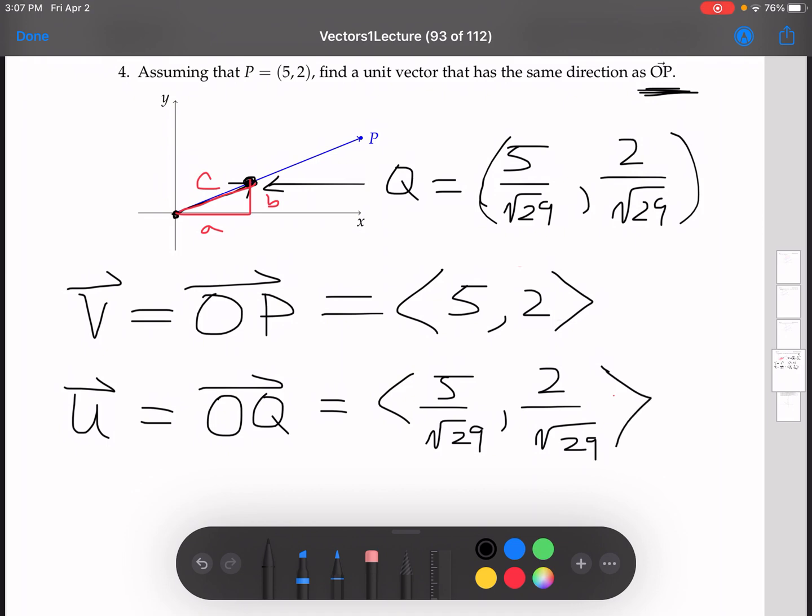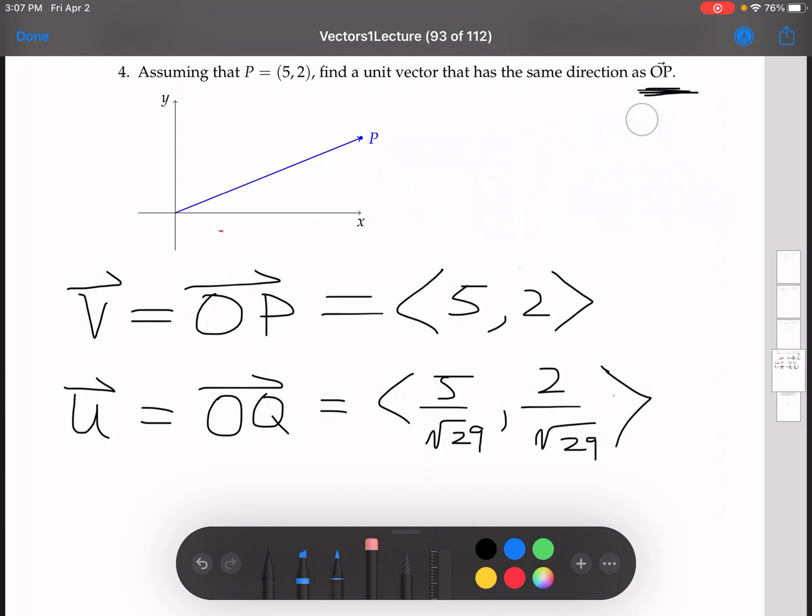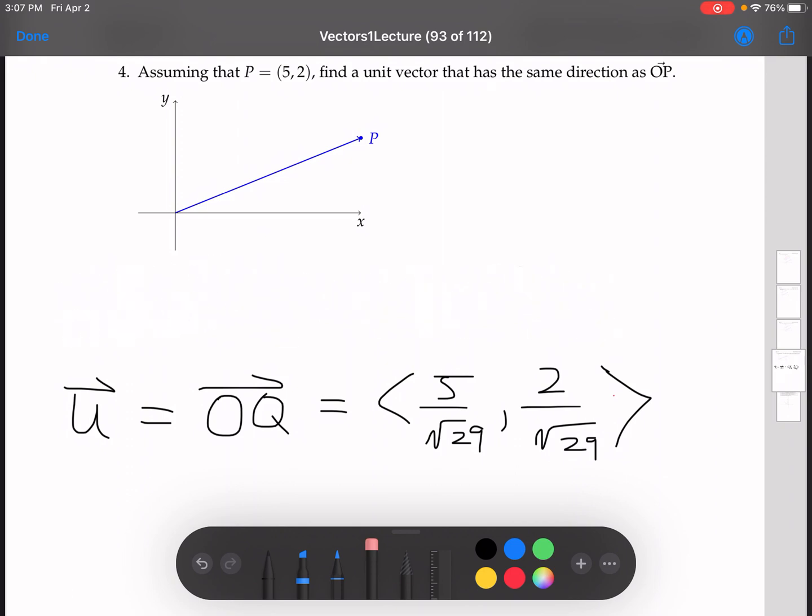So essentially, to recap, what do we need to do if we want to find a unit vector? I just went over all the concepts of how to do this. Basically, let's give this thing a name, V. V, written in component form, is 5, 2.